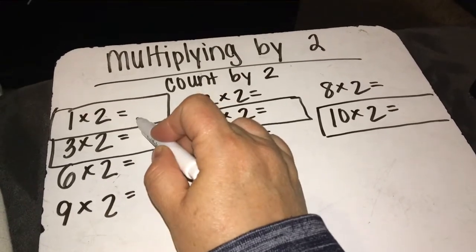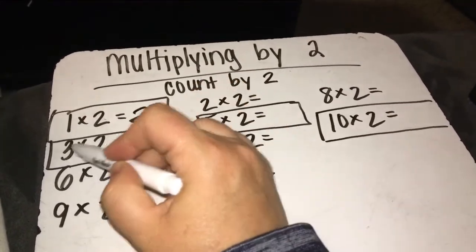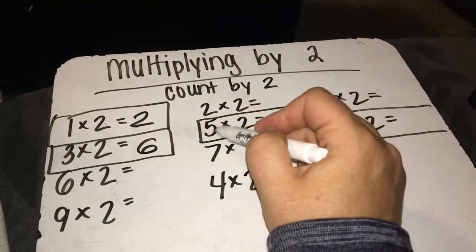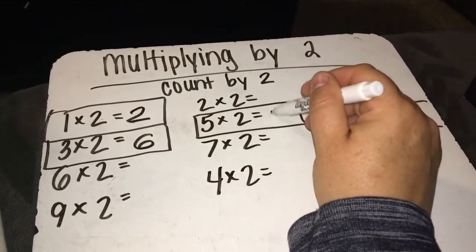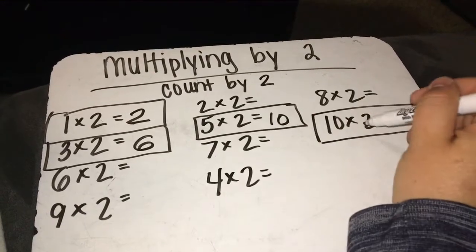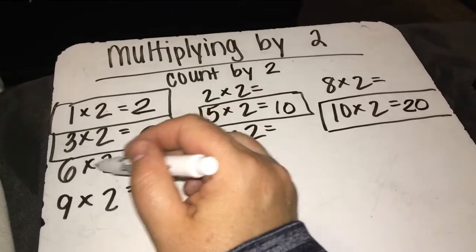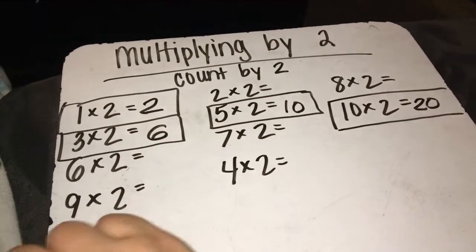Now multiplying by 2, we just count by 2s. We already know that 1 times 2 is 2 because we already know our 1s. We already know our 3 times 2 because we know 2 times 3 is 6. We know our 5 times 2 because 2 times 5 is 10. And 10 times 2 is 20 because 2 times 10 is 20.